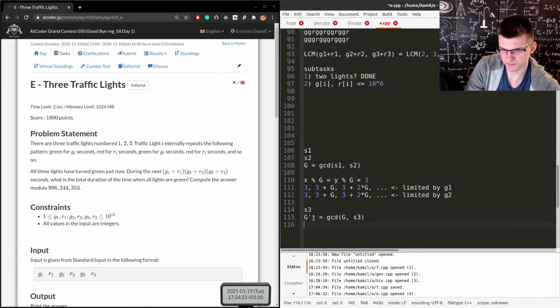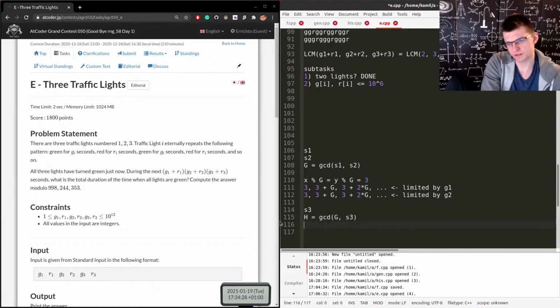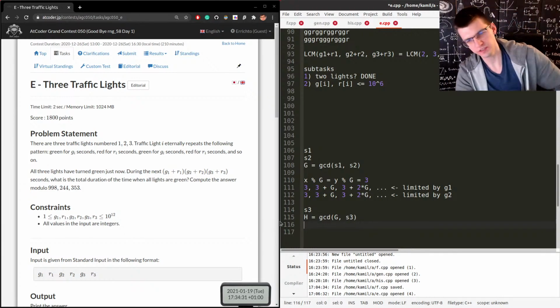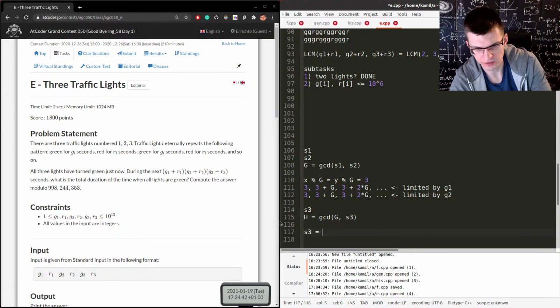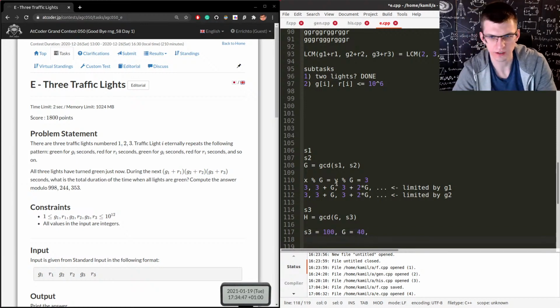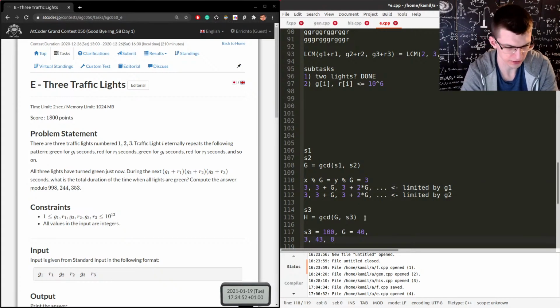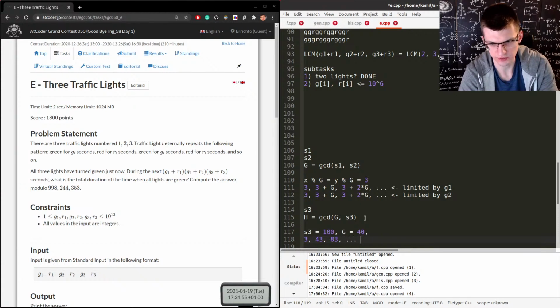G prime is this. Let's call it H. This is the new GCD, and this GCD tells us something about the cycle modulo S3. What does it tell us? I think this is the number of steps we'll take. For example, if S3 is 100 and G is 40, then by adding 40 like that, we'll make 5 steps. We'll have 3, 43, 83, and then after 123 we'll have 163, and then 203, which has the same remainder modulo 100.